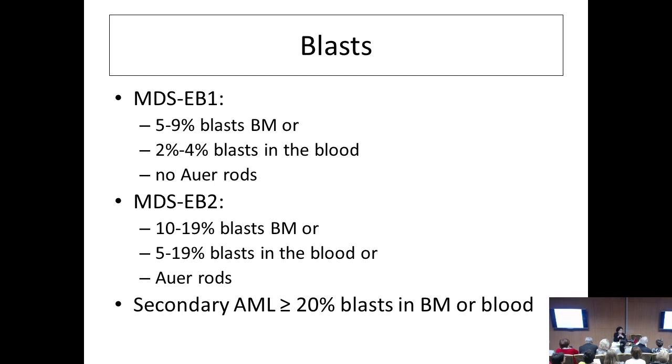Auer rods are allowed in MDS-EB2, and if you find Auer rods irrespective of the blast content, it's MDS-EB2. And for EB2, the blast content is higher, 10 to 19% in the bone marrow, or 5 to 19% in the blood. Secondary AML is diagnosed when the blast content exceeds 20%.